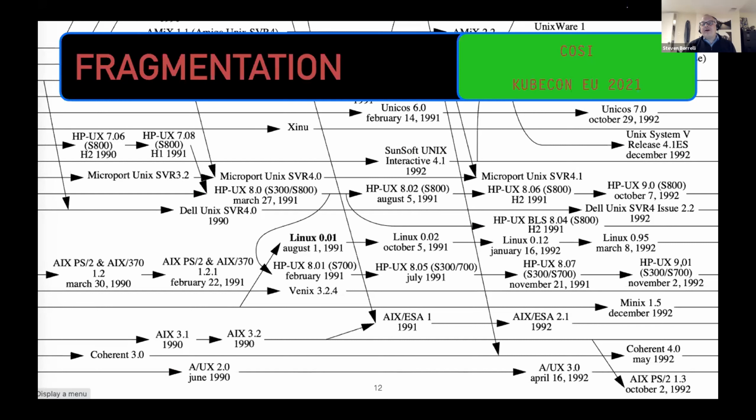All right, so let's talk about fragmentation. The other thing I want to highlight about Unix is that almost from the very start, because of the way Unix had to be licensed out since AT&T was a monopoly at the time, we've seen a lot of fragmentation in Unix over the years. For the first couple decades, it was between commercial operating systems, and between the BSD folks and the AT&T folks for the longest time.